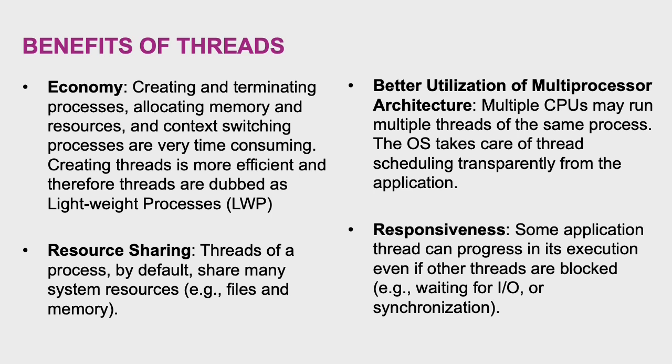Finally, responsiveness. Some application threads can progress in execution even if other threads are blocked. For example, it is quite common to have a thread implementing some I/O operation, and this thread may have to wait for the I/O to complete, for example, to complete file reading.